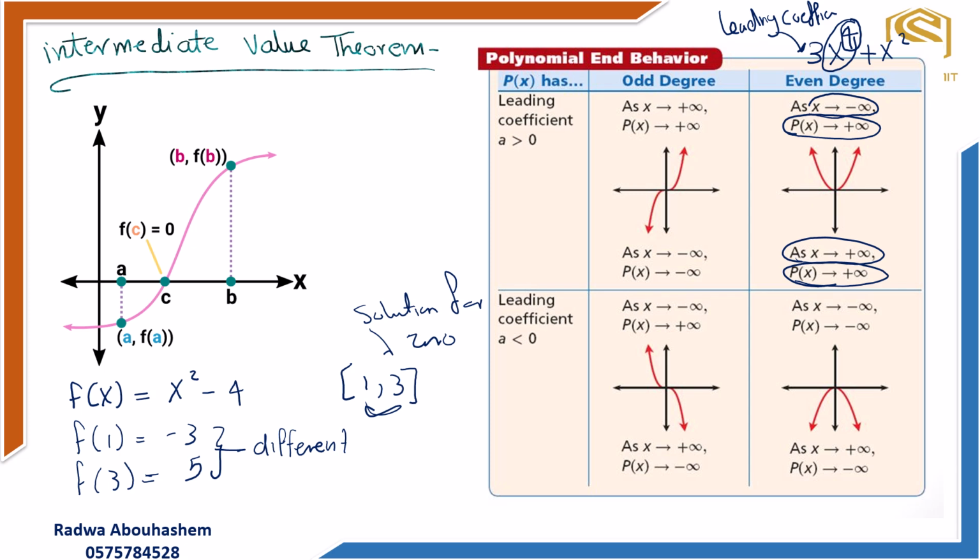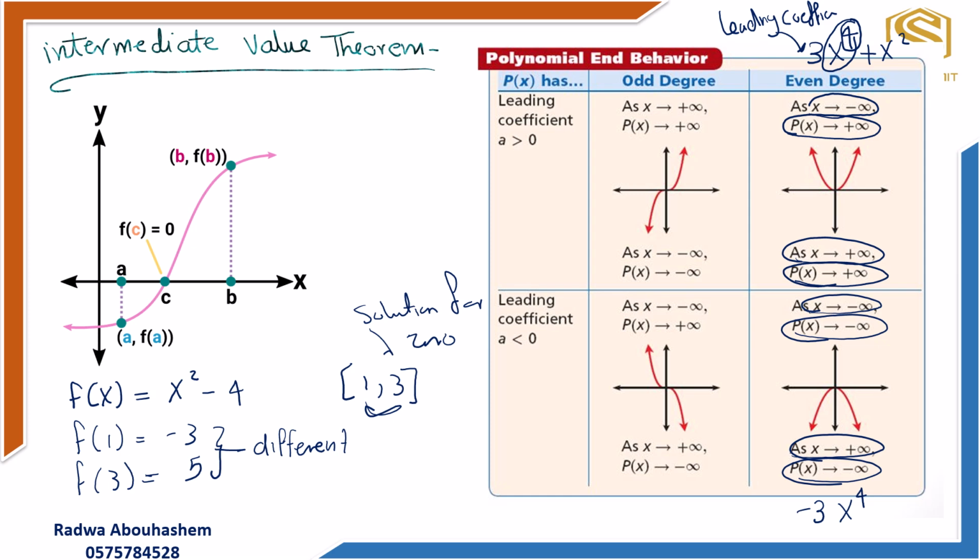Now, if your leading coefficient is negative, or smaller than 0, for example negative 3x power 4, this means that both of them are looking down. So this means if your x is negative, your y is negative. If your x is positive, your y also is negative.